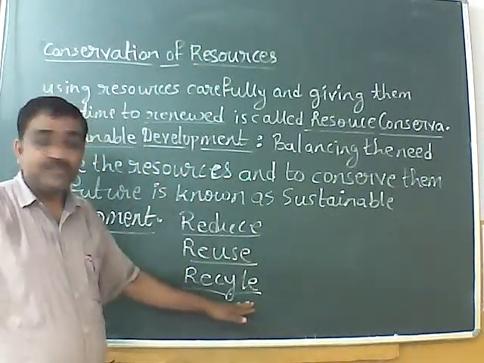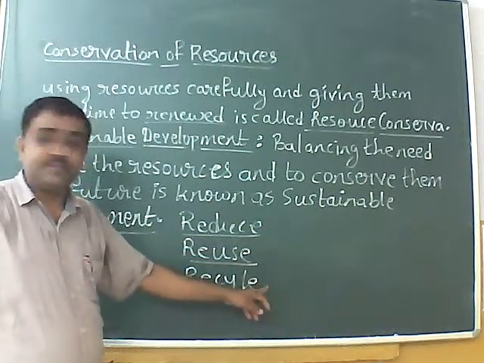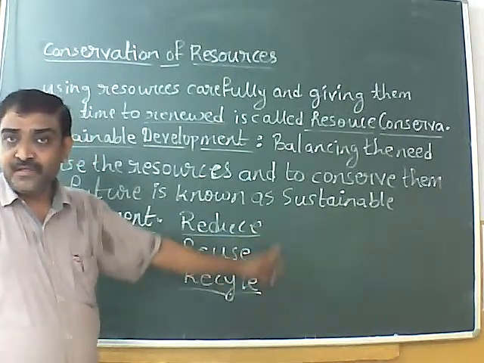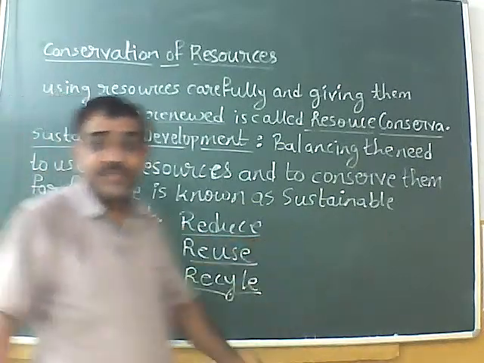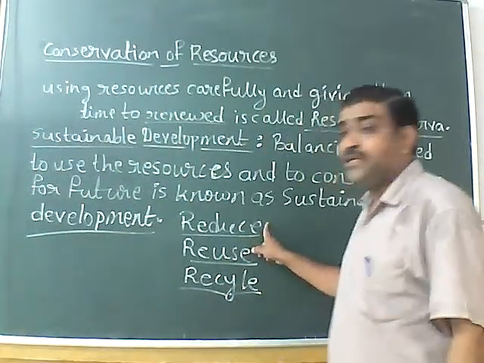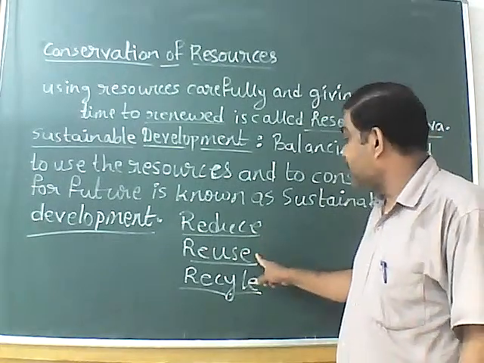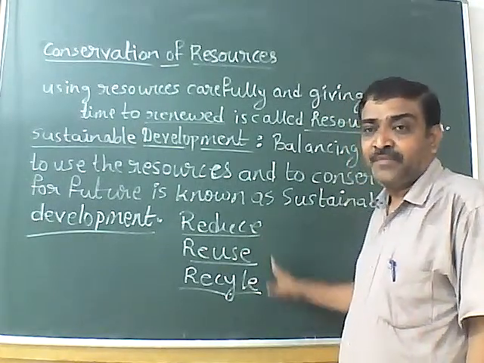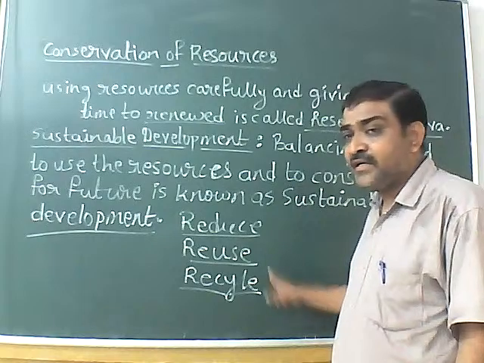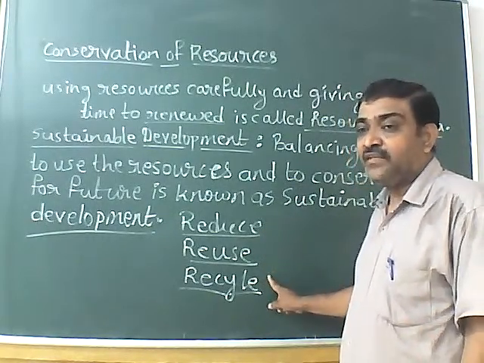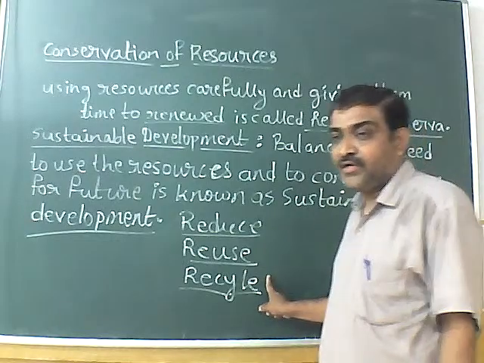Recycle. So these are the three pillars of sustainable development. What are these three, beta? Reduce, reuse and recycle. Got it?